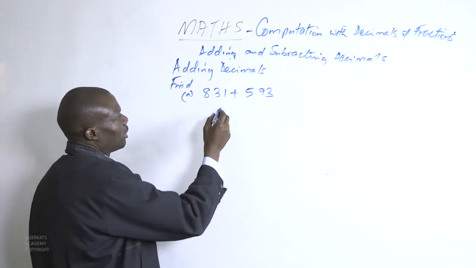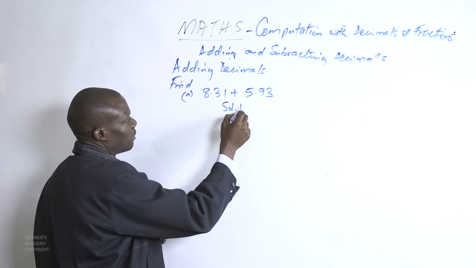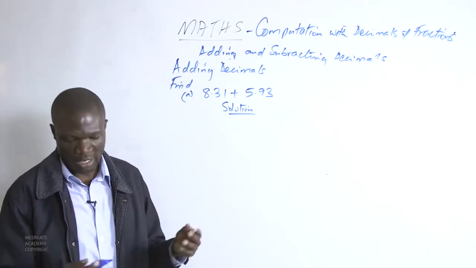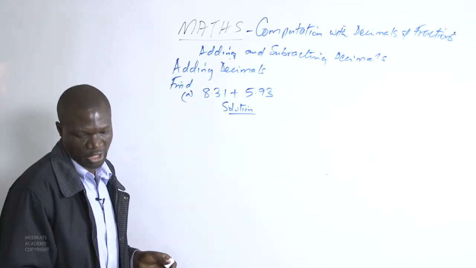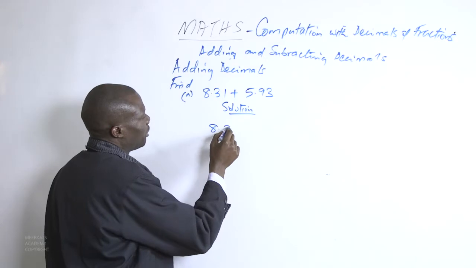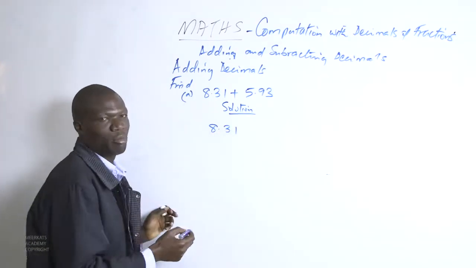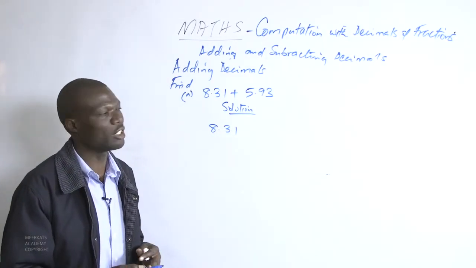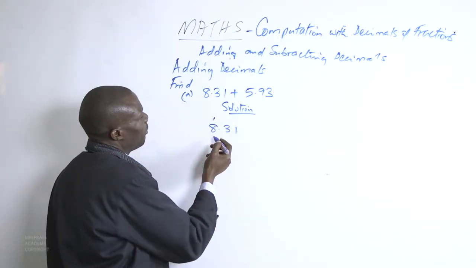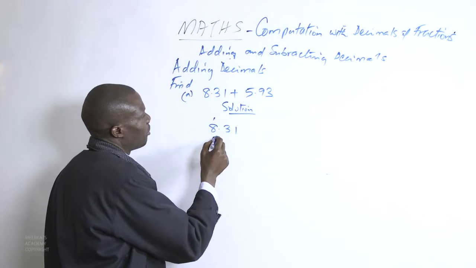In our solution, we say the first one, we align them, so we shall change the format and write there 8.31. Remember, 8 is in the column of ones, so 1 should be there. And then we have 5.93.